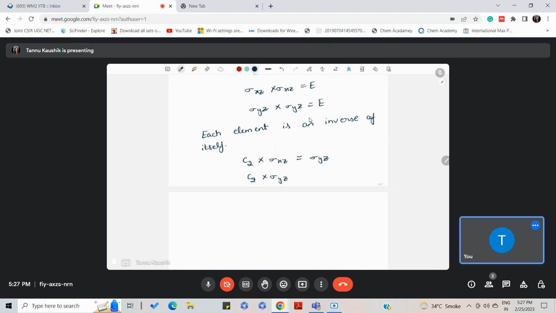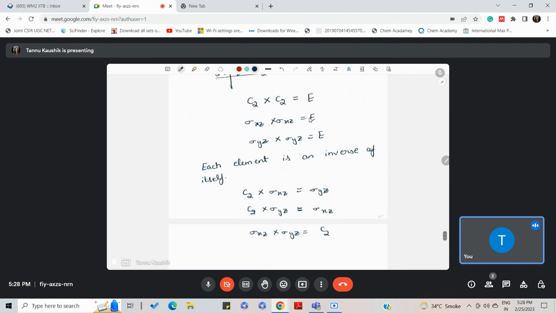C2 into sigma yz will give us sigma xz, and sigma xz into sigma yz will give us C2.